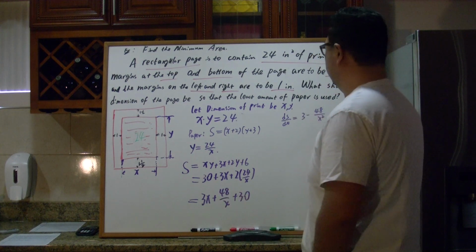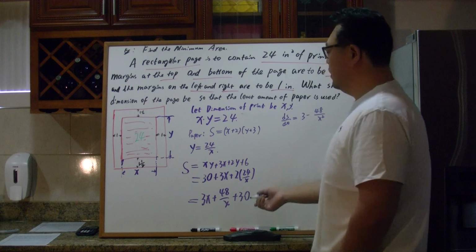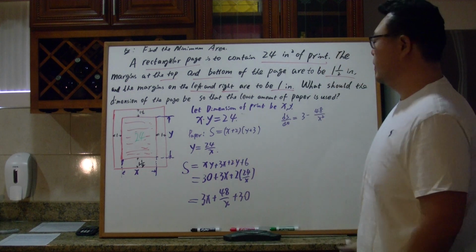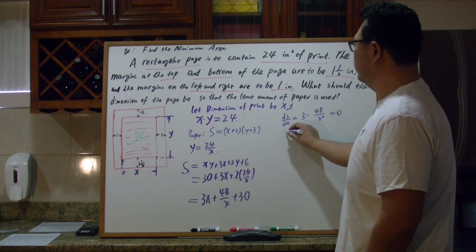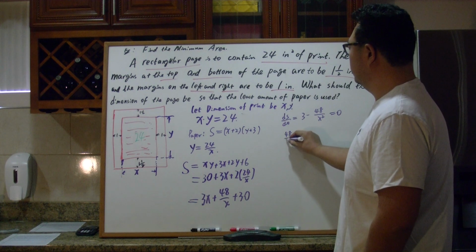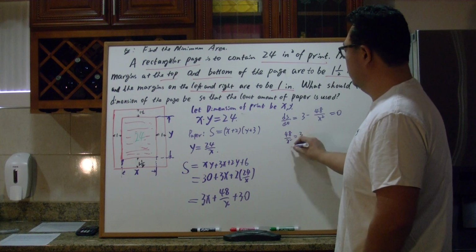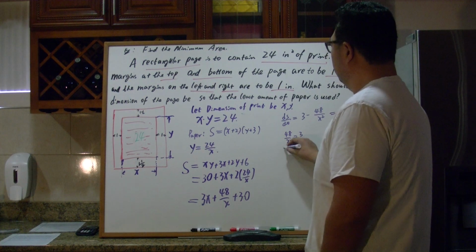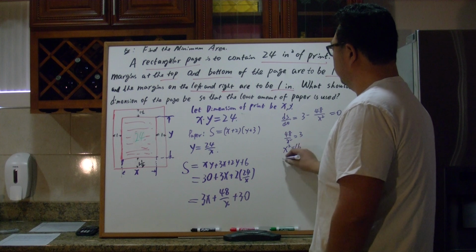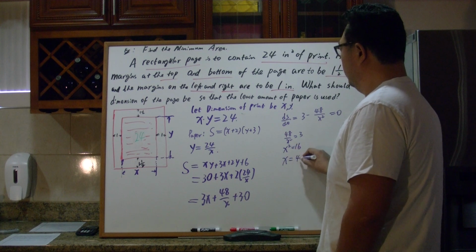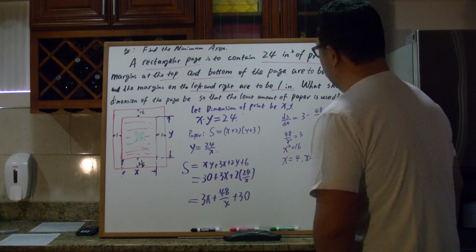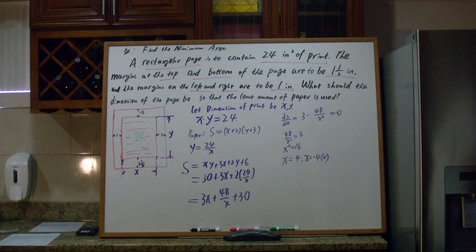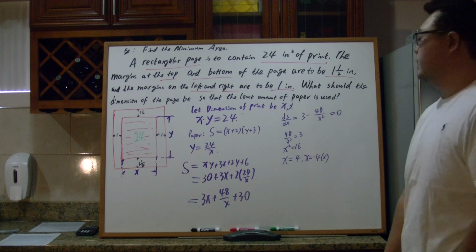And x cannot be 0, of course, it has to be positive. We let that equal to 0 to find the critical number. X has to be 4 to get the critical number.